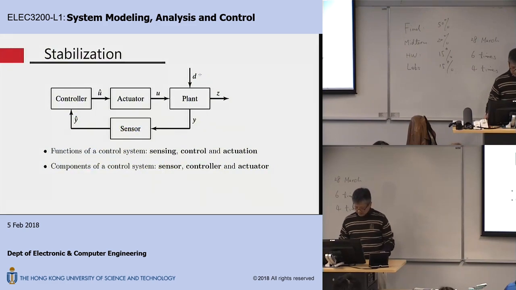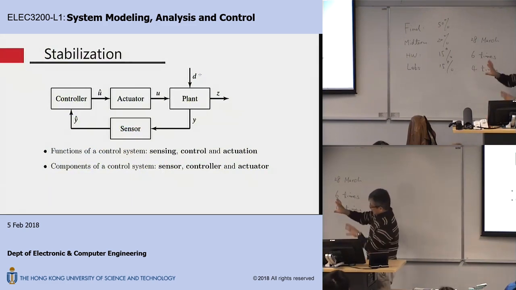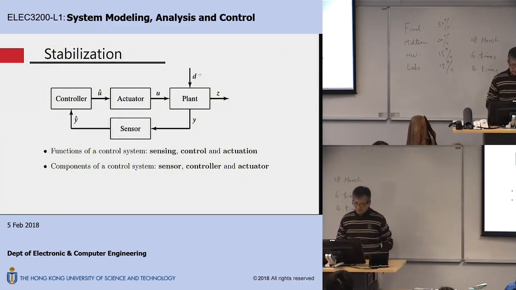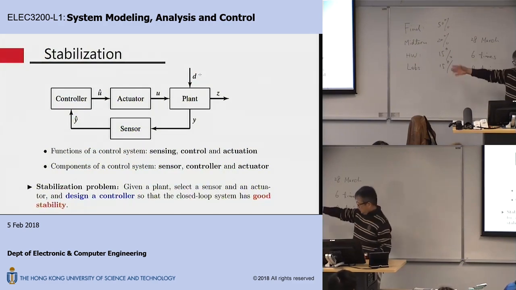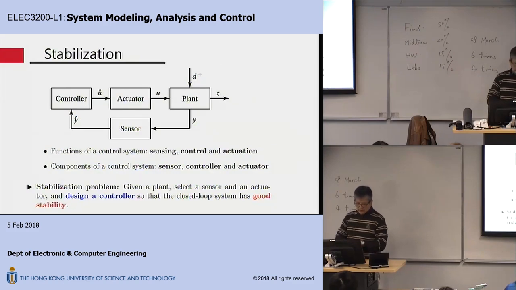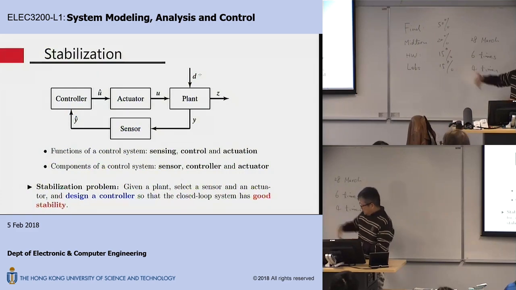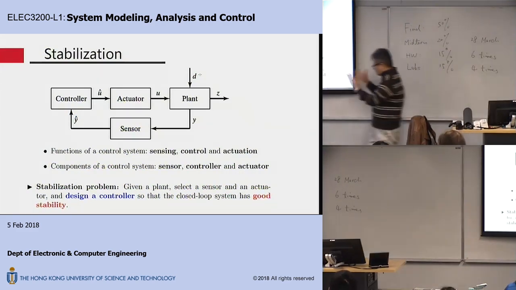So, okay, stabilization. That's a schematic diagram of stabilization. Put in a more formal way, what is a stabilization problem? This is not really the final mathematical problem. This is just a more formal statement of a stabilization problem. The car example is just an example. So in general, we are given a plant.